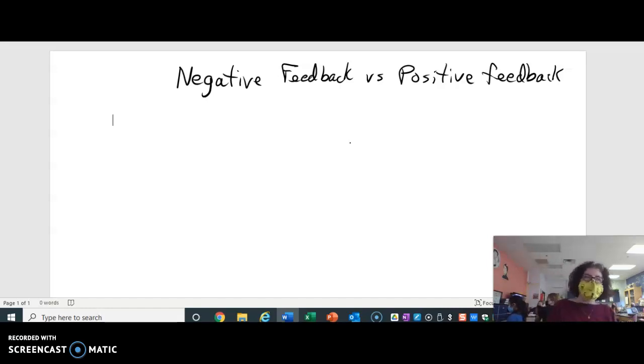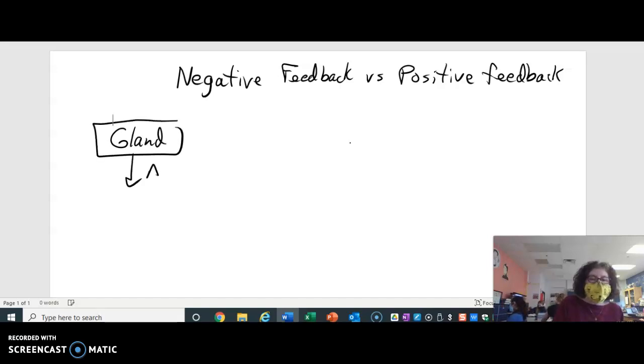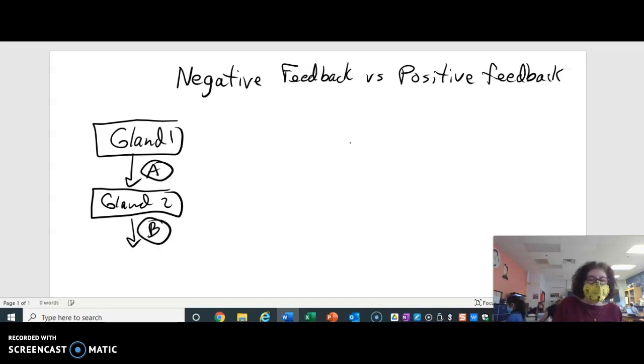So if I were to draw this in terms of flow charts, which I know always makes it a little easier to understand, let's say that we have a gland that produces chemical A that tells gland number 2, gland 1, 2, to make some B, which then stimulates some kind of response chemical, response chemical C, okay?